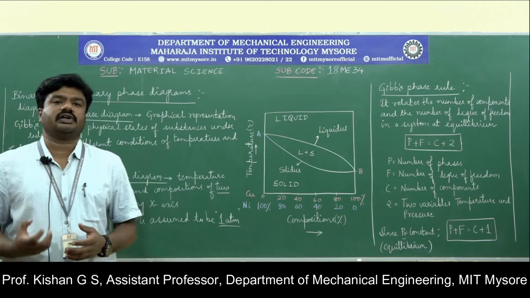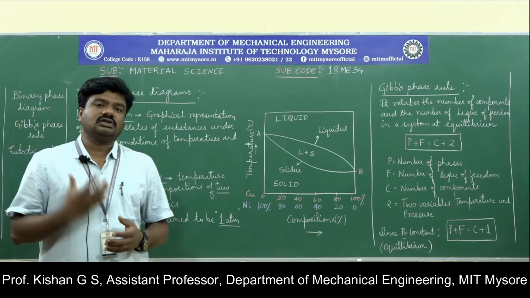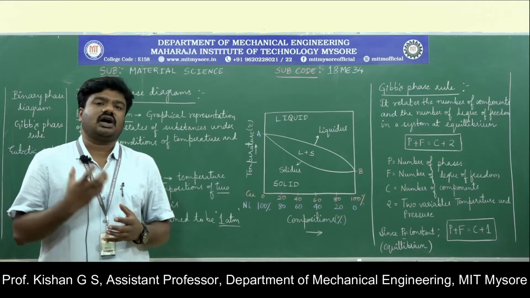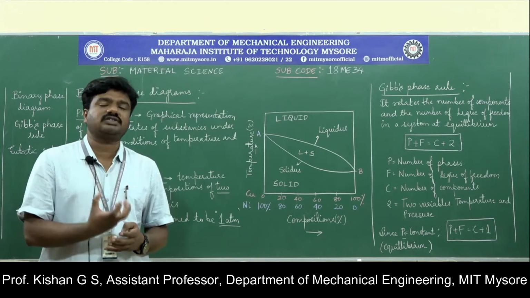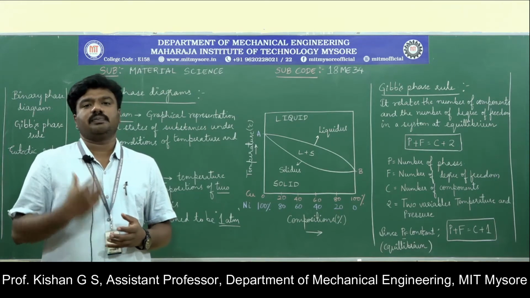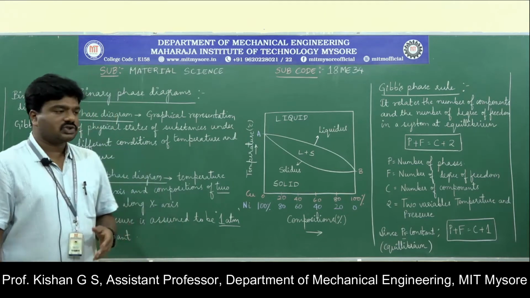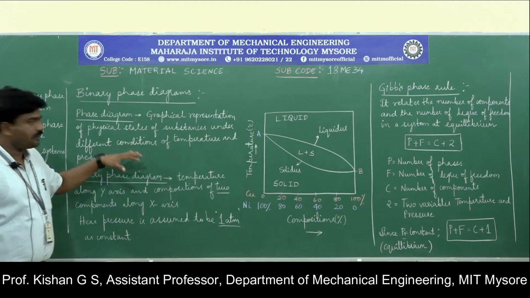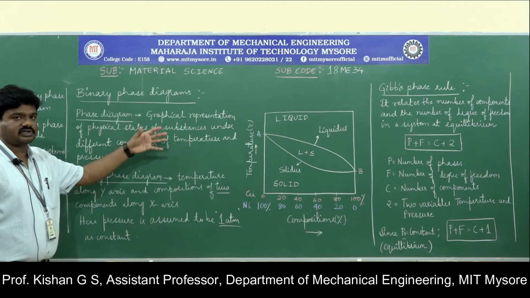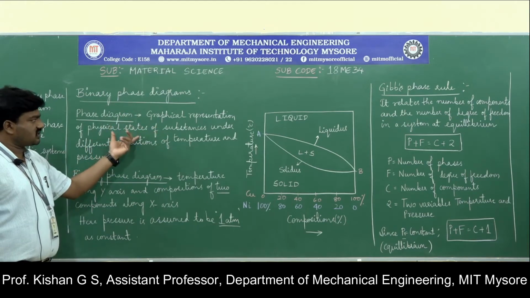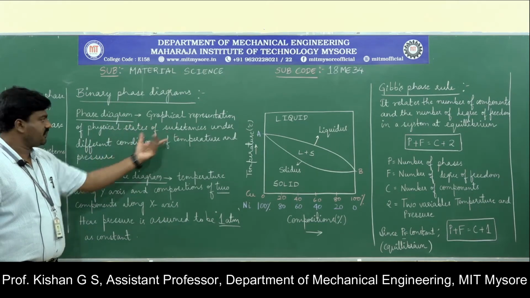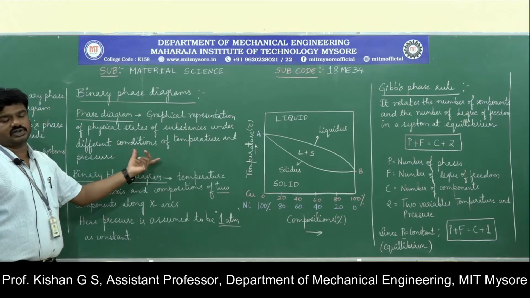This combination results in variation in the adaptation of materials or mixing of materials, leading to a particular material that serves the purpose of a particular application. So the phase diagram is a graphical representation of the physical states of substances under different conditions of temperature and pressure.